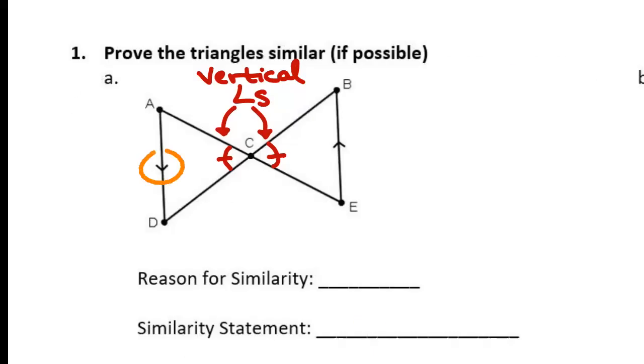And then I notice these little arrowheads on these lines. What do those arrowheads mean? It means parallel. When we've got those arrowheads, it means parallel. So they're never going to run into each other. So this right here and this right here are parallel.